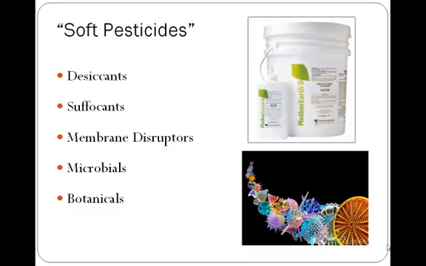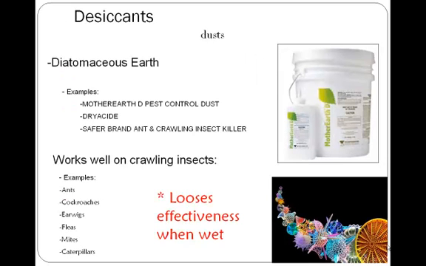Diatomaceous earth is one thing we recommend to keep things from exploding. It's good for roaches. And a common one is this Mother Earth D. There's Dryicide, Safer brand. Mother Earth D, I do a lot with bed bugs. So this right now is the most effective desiccant against bed bugs. I don't know if you care or not, but it is.